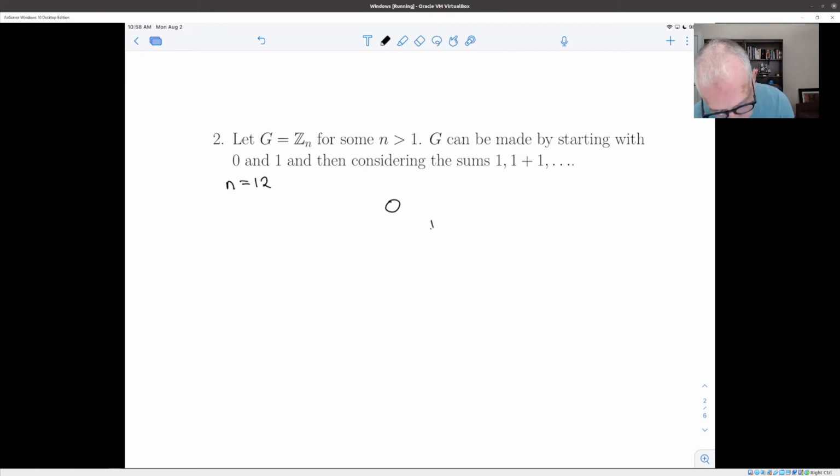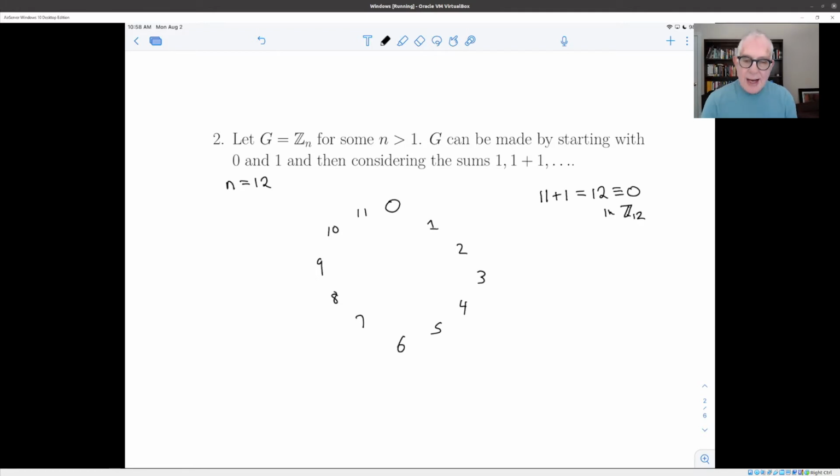If we start with 1 and we start adding it to itself, then we're going to get all of these integers, and then finally when we take 11 plus 1, which is 12, which is congruent to 0 in Z12, we see that just by starting with 1 and adding it to itself a bunch of times, we eventually produce all of Z12.